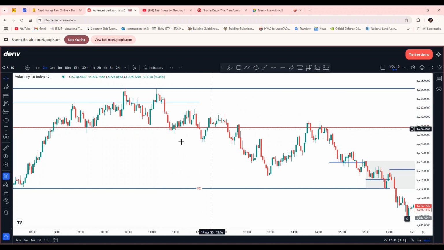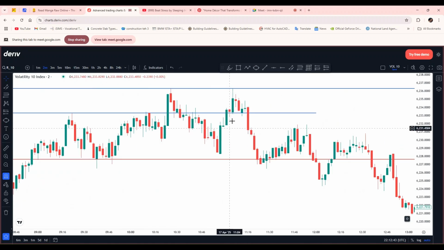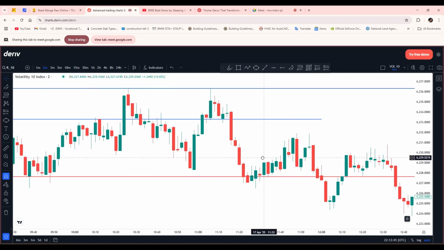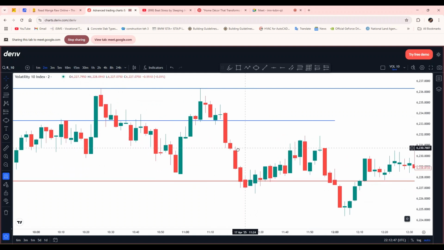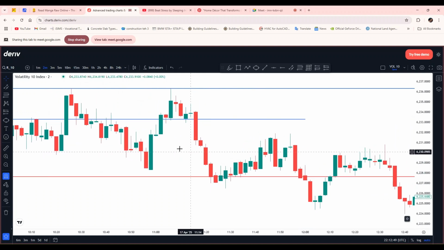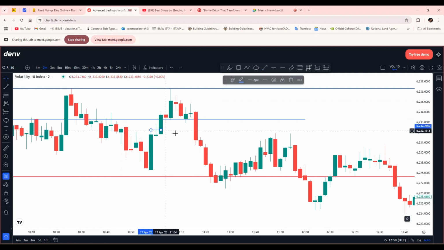And what I tend to normally do, just looking at this specific area, well, this is the candle that broke structure. This candle specifically, and this candle was broken there. So this is the last candle that has the last break of structure.